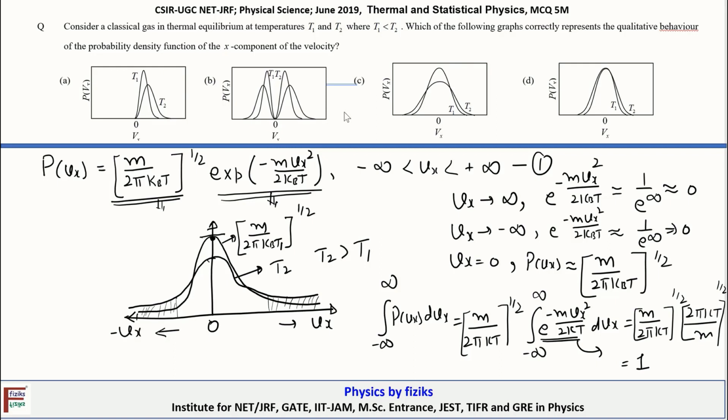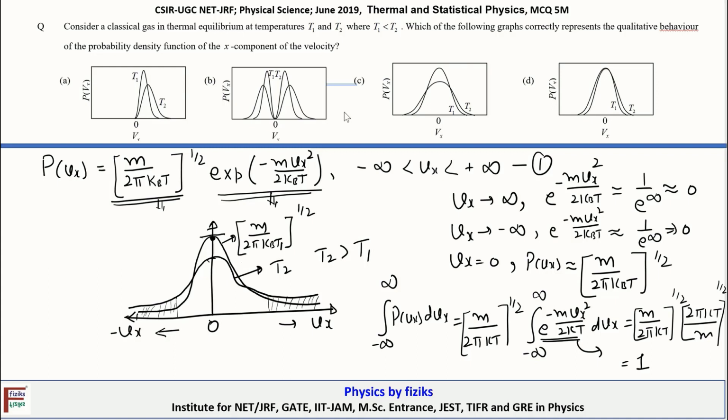So overall the area under the curve is constant. It doesn't matter at what temperature we are talking about. That's why, because at Vx equal to 0 the curve shifted in the downward direction, to accommodate the number of gas molecules having larger velocity, the curve has shifted in the upper direction at higher velocity. Okay, so if we compare the options that are given to us, the lower curve corresponds to temperature T2.